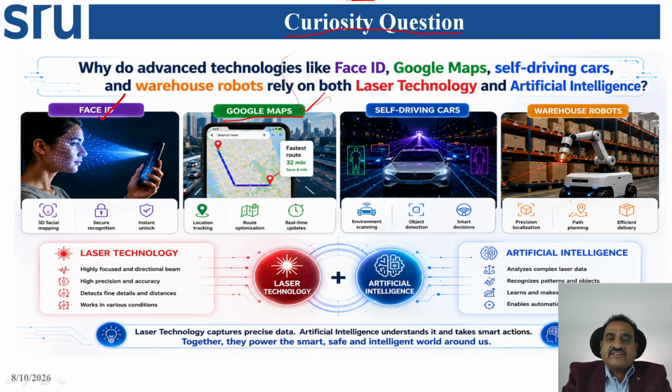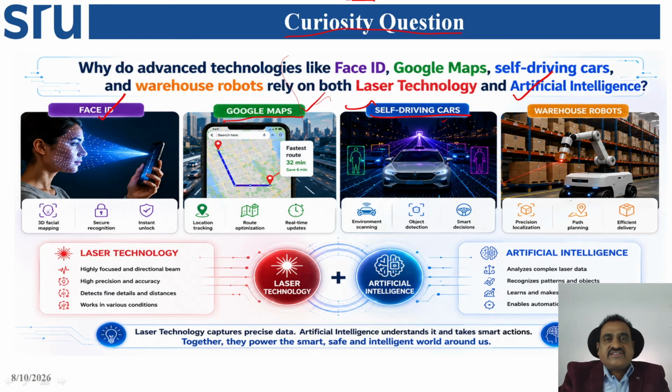And coming to the self-driving car, how does a self-driving car identify a pedestrian or another vehicle? And how do robots locate products and move them to the correct place?